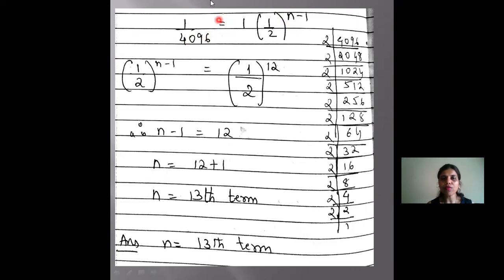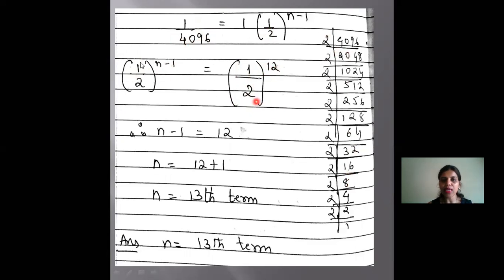Now as you can see, the base is 2, so we have to convert this 4096 to the base of 2. When we factorize 4096, we see that we got 2 raised to 12. As 1 raised to 12 is nothing but 1, I write this as 1 upon 2 raised to 12. Now you have got half raised to n minus 1 and half is equal to half raised to 12.